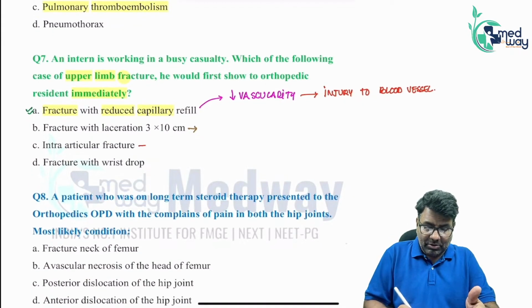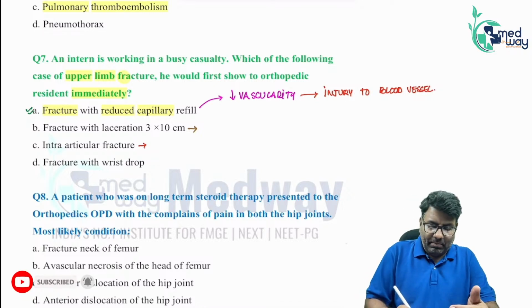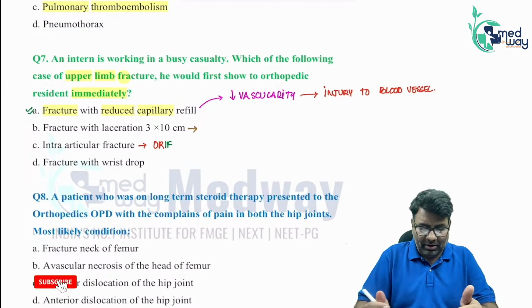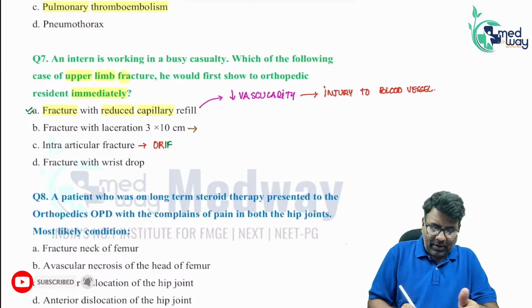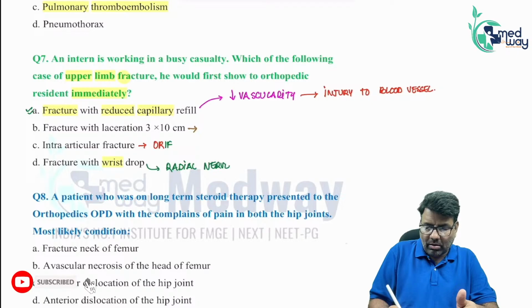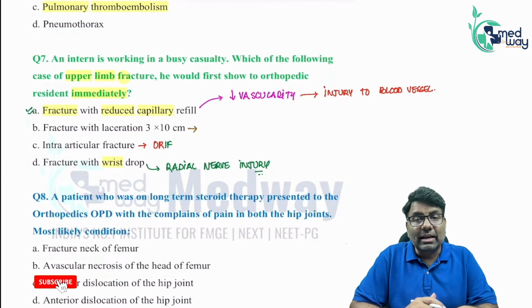Similarly, intra-articular fractures are to be managed by open reduction internal fixation, but they are not at the priority. And fracture with wrist drop, again it suggests radial nerve injury. It demands some attention, but not as much as is needed for a vascular injury, right?